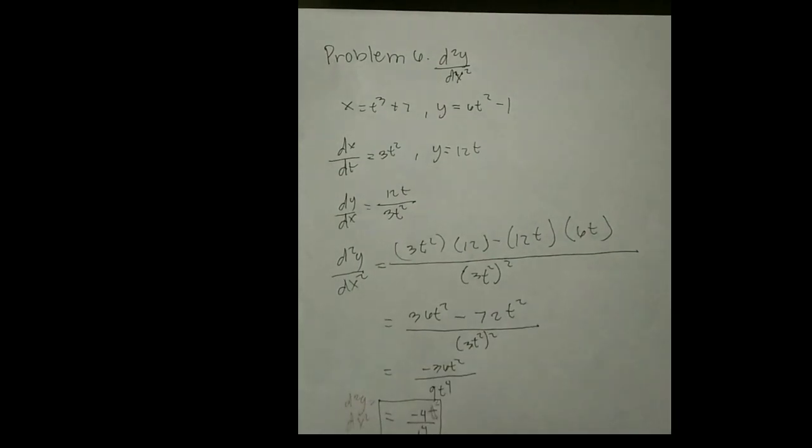So the final answer, the second derivative of problem number 6, is negative 4t squared over t raised to the power of 4.